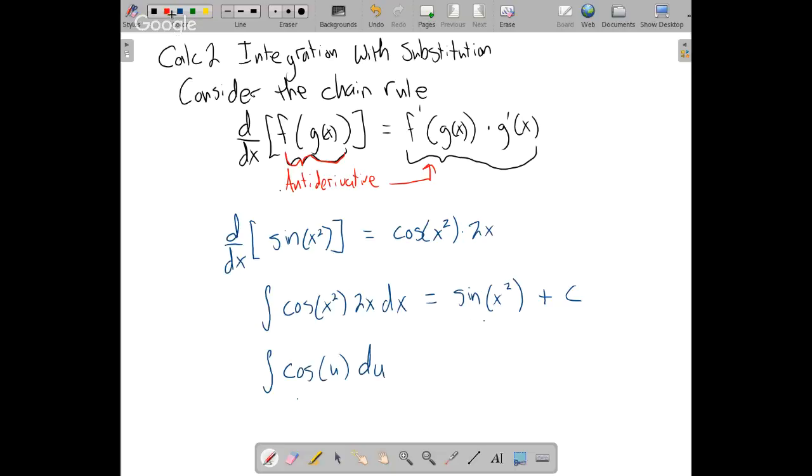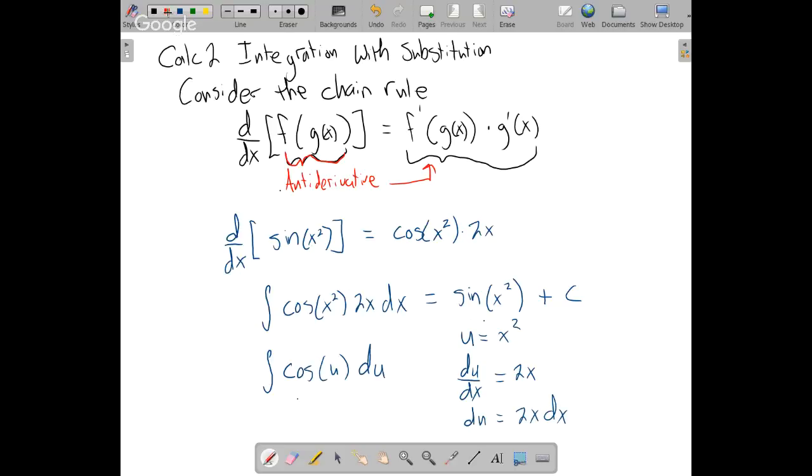Okay, just a little side note on that to clarify: if I let u equal x squared, then du/dx is equal to 2x. And then if I write this in differential form, which we did a little bit last term, du would be equal to 2x dx.